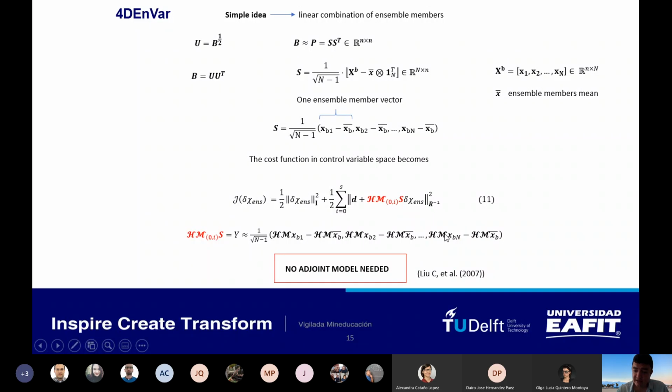Notice here that this and this are the nonlinear version of the operator, so you don't linearize at any moment. It is very important because the adjoint model basically is the bottleneck in the development of variational methods in these big models that we have the representation.